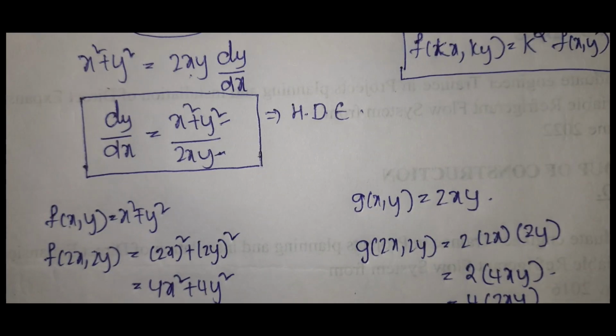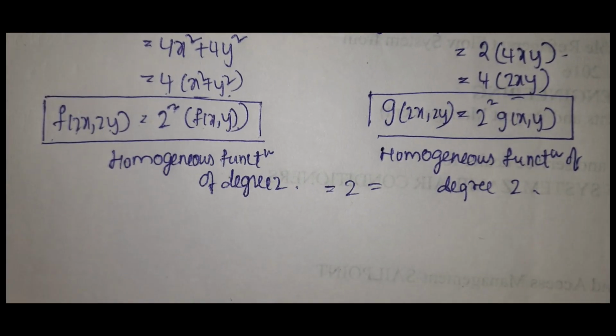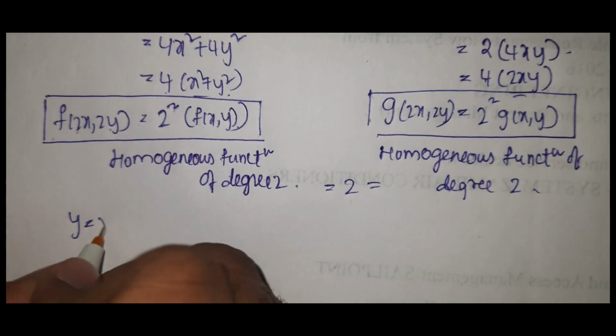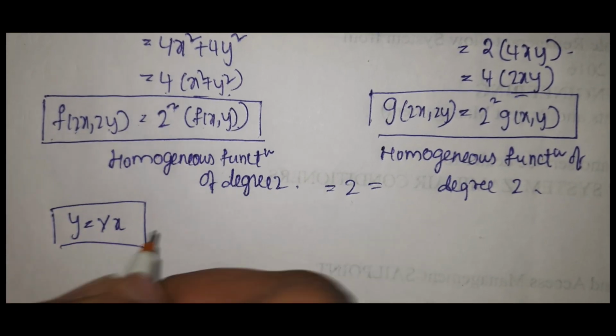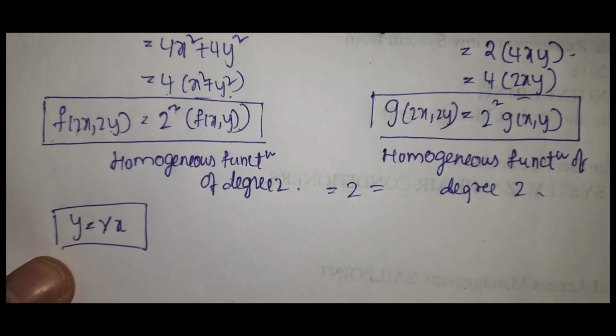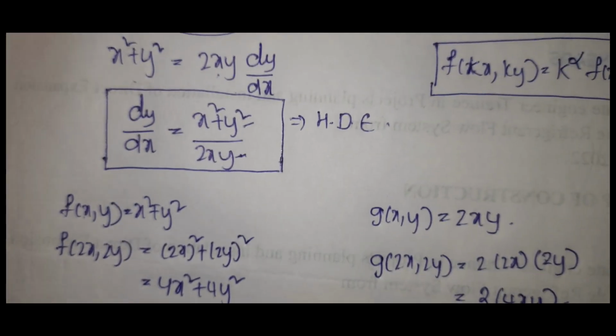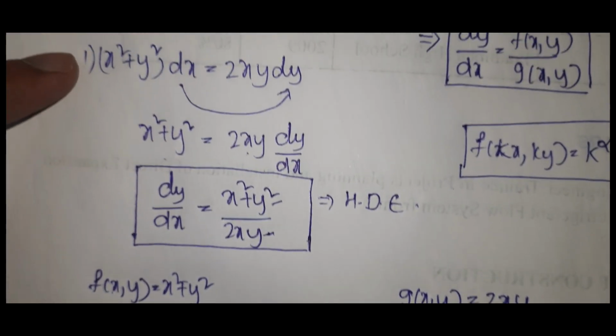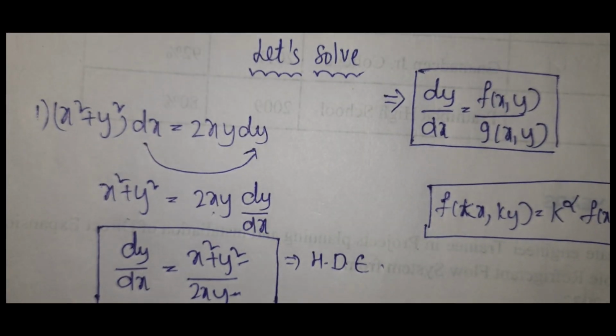So we can solve the problem using the substitution method, that is y is equal to vx. This is the simple procedure. By looking at it, you can understand whether the given equation is homogeneous or not.